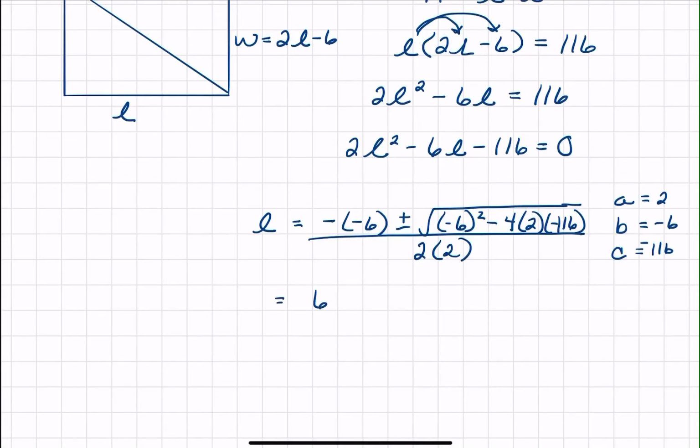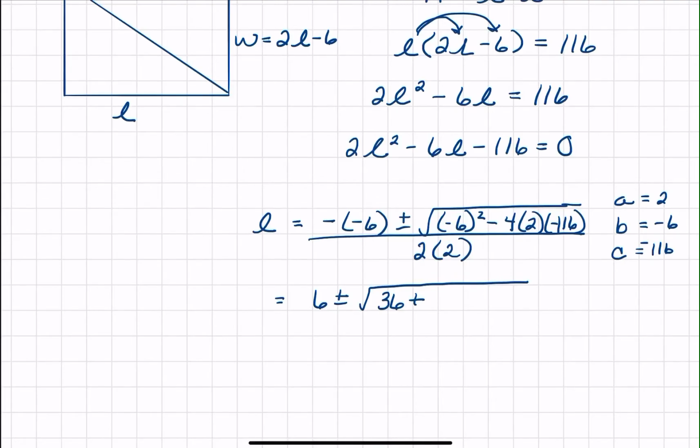So that's going to give me a positive 6. Make sure if you're using a calculator, you put the negative 6 in parentheses when you square it, because that's going to give you a positive 36. It will not be negative when you square it. And if you don't put parentheses around it, the calculator will give you back a negative.